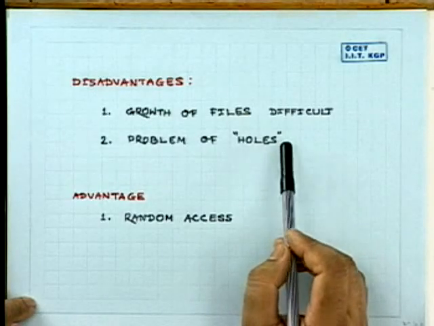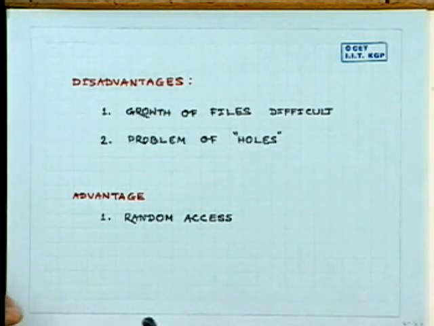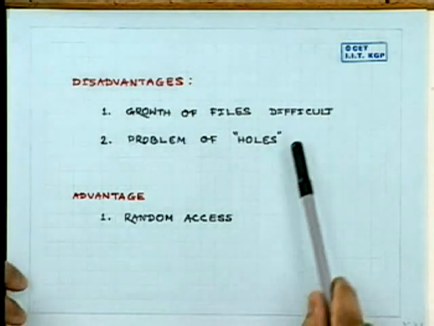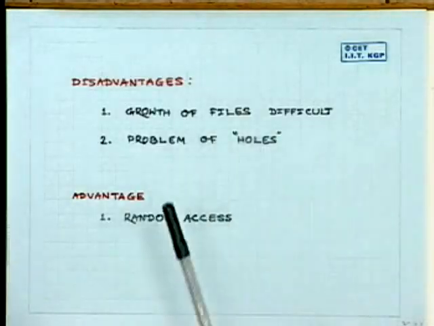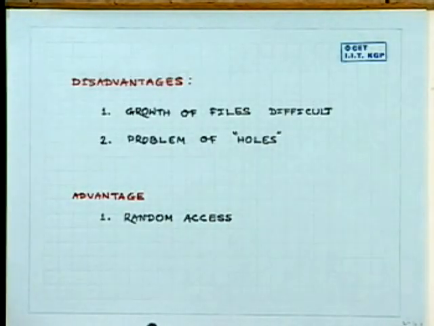But if we take all the holes together, they could possibly accommodate many different files. That problem of holes is there, and compaction in the case of secondary storage is very time consuming and therefore very costly, so it is not generally attempted. Therefore the problem of holes one has to live with, unless one is willing to pay sufficiently for compaction.